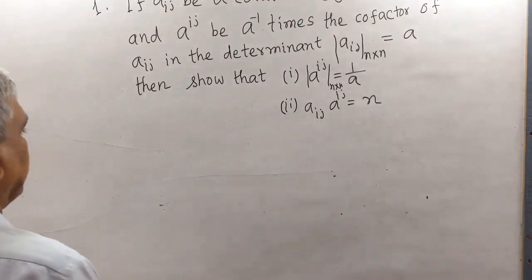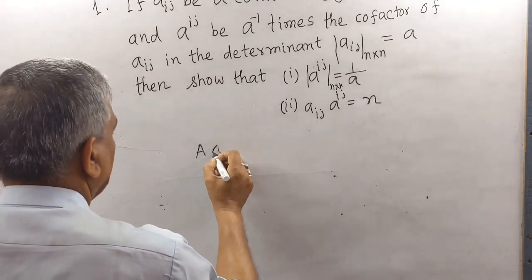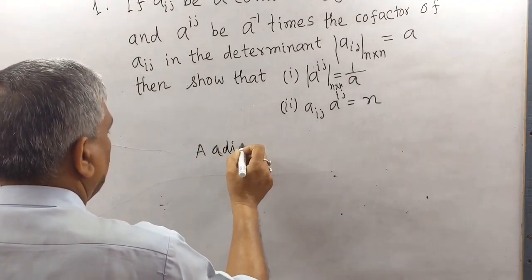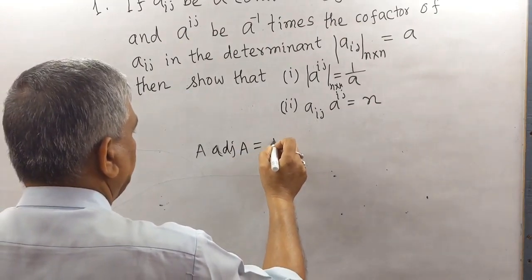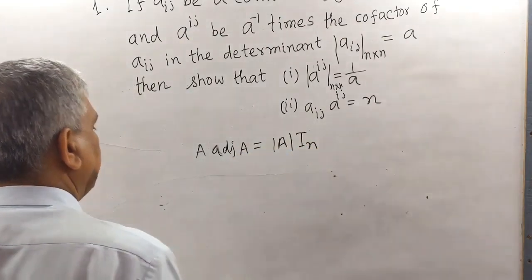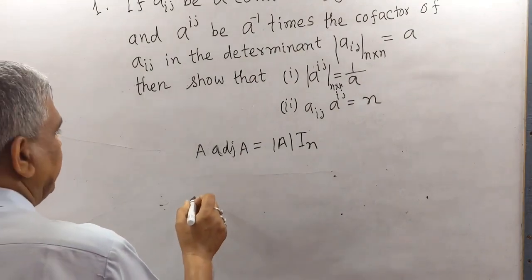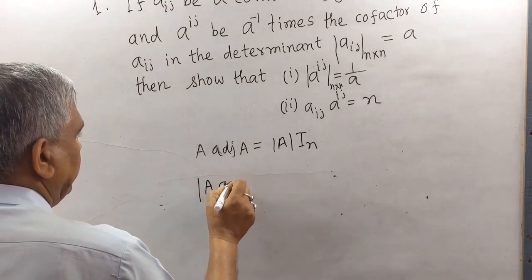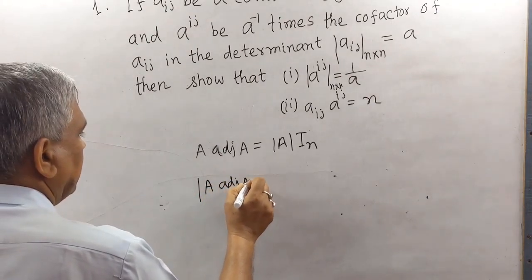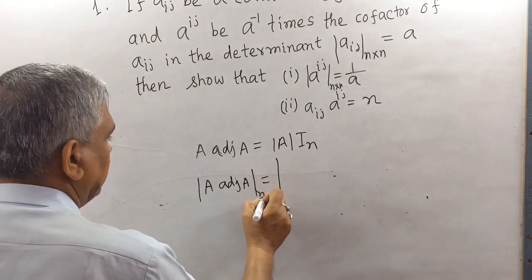We know that A times adjoint A equals determinant a times I_n. Taking the determinant on both sides, the determinant of A adjoint A equals the determinant of a I_n, this is n by n.